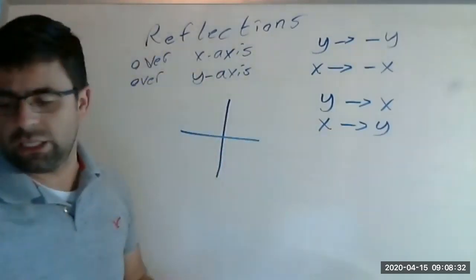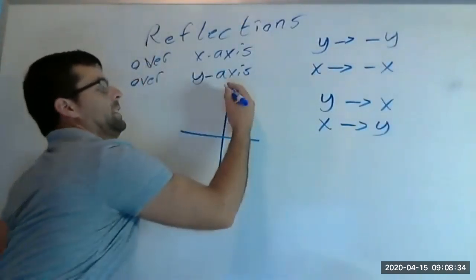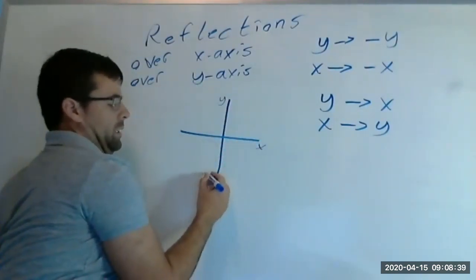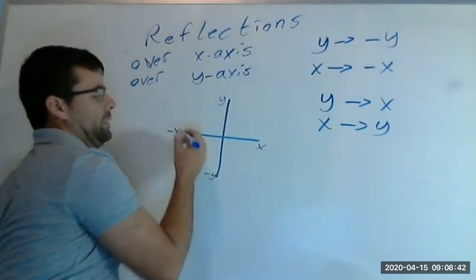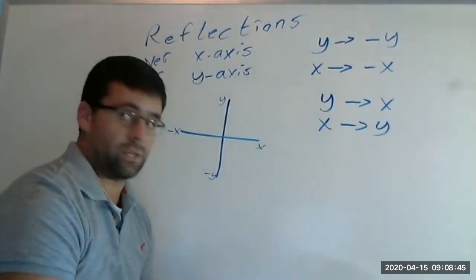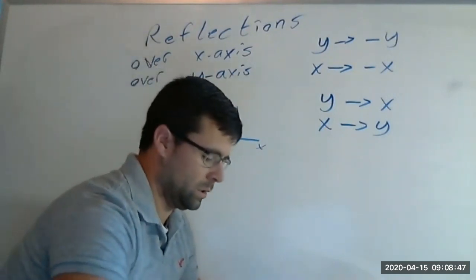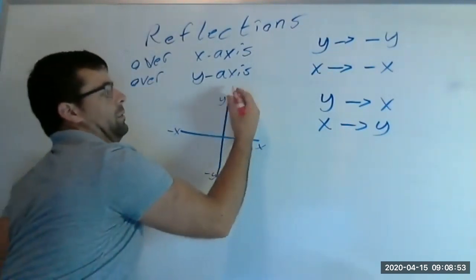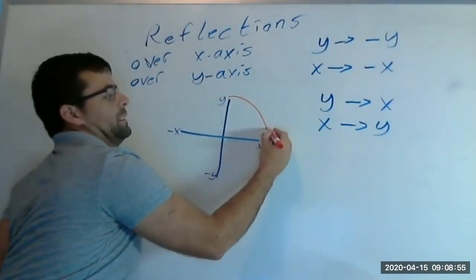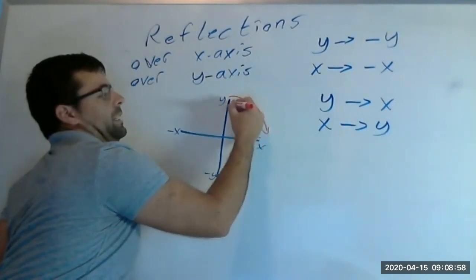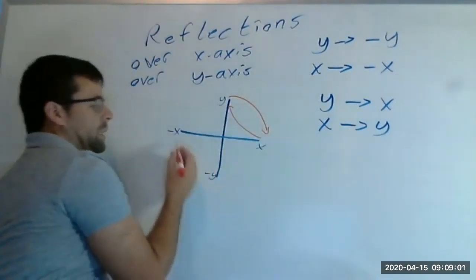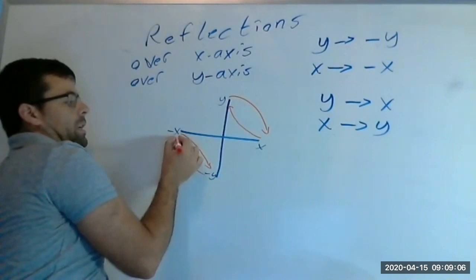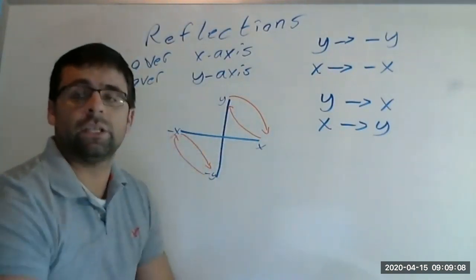So what this did is it took our normal axes, y, x, negative y, negative x, and it flip-flopped them kind of, where positive y becomes positive x, and positive x becomes positive y. Same thing over here. Negative x becomes negative y, and negative y becomes negative x.